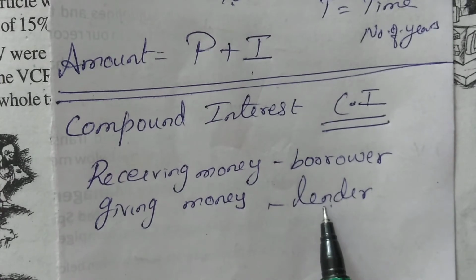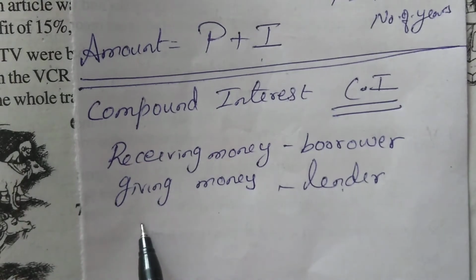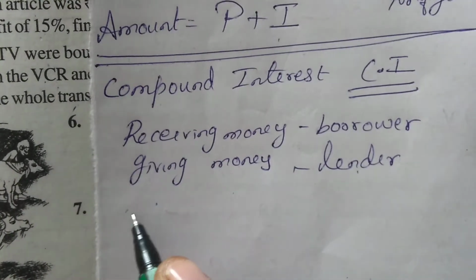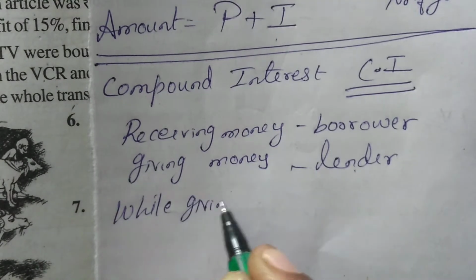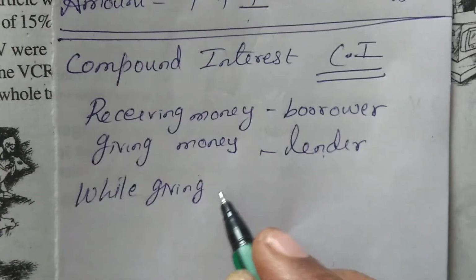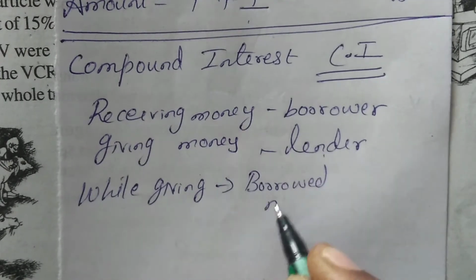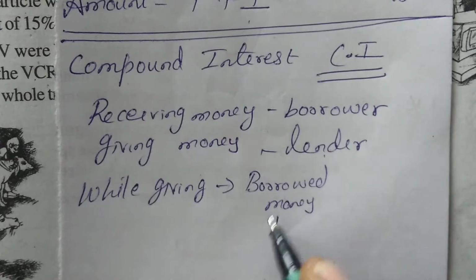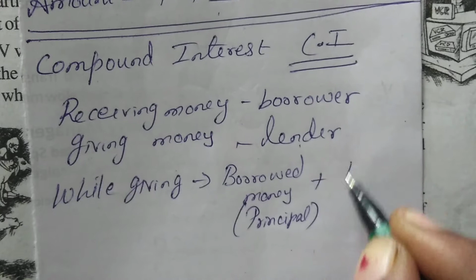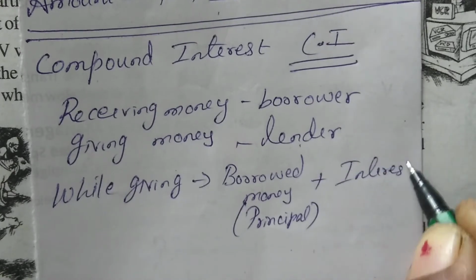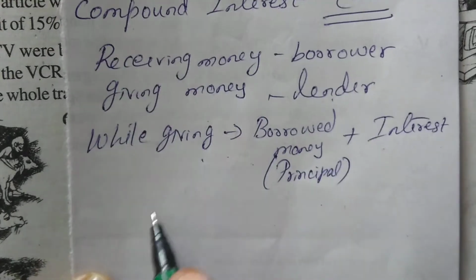So what they do, this interest what they calculated, while giving the borrowed money, which we call principal, plus interest, they add together and they will give. This we call simple interest.